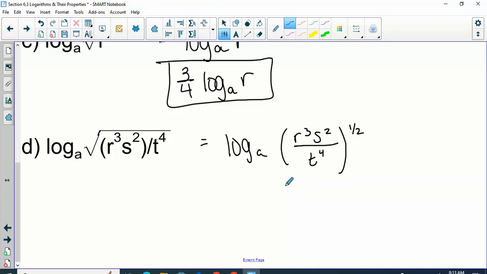So what do you do with that exponent? So that's r to the 3/2, s to the 1st, over t. 4 times 1/2 is 2.